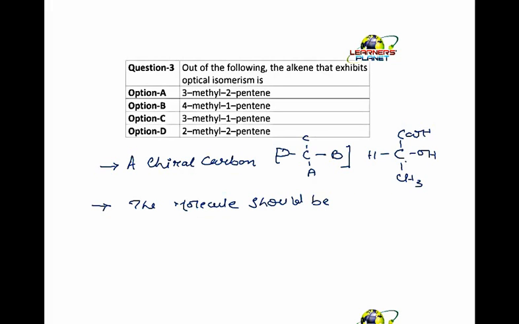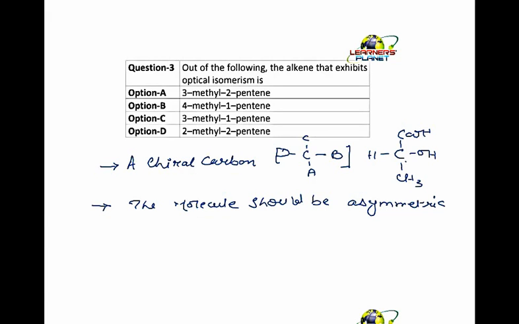That is, it should not have any type of symmetry, right? That is the plane of symmetry or the axis of symmetry or the point of symmetry, nothing should be there.